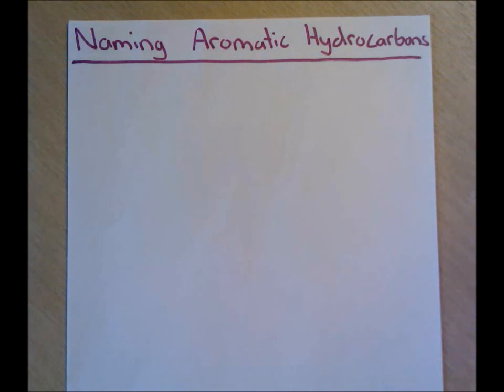Aromatic hydrocarbons are named in a really similar way to how we name cycloalkanes, but we have 4 exceptions. We use that same International Union of Pure and Applied Chemistry, or IUPAC, naming protocol for cyclic compounds, except there are 4 exceptions.